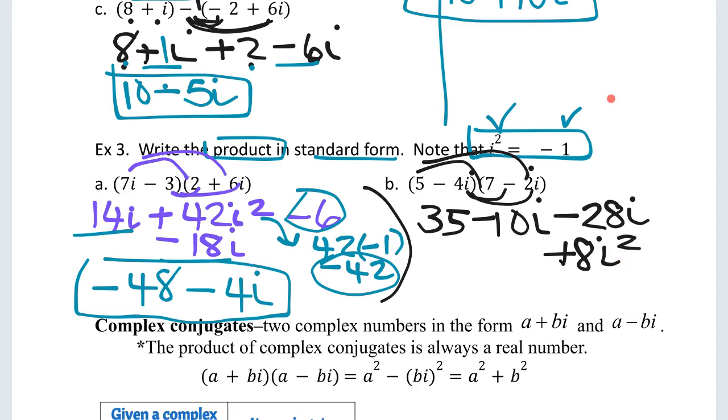Recall i squared is negative 1. That means we're just going opposite of 8, which is negative 8. 35 minus 8 is 27. Negative 10 plus negative 28 is negative 38i.